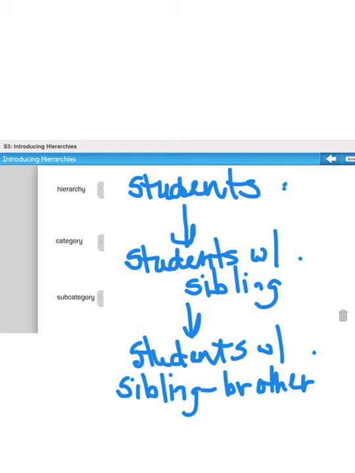Any group that has all the attributes of a category and one or more additional attributes is a subcategory of that category. So what are some other categories and subcategories of students, and how could we organize those into different categories?